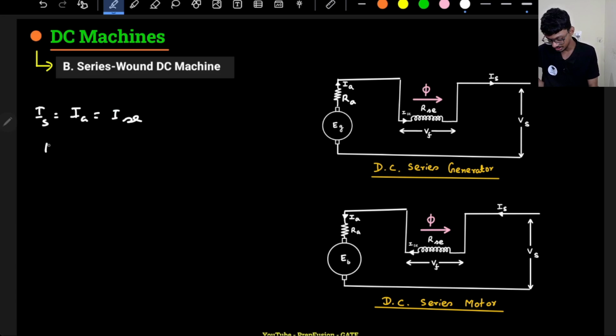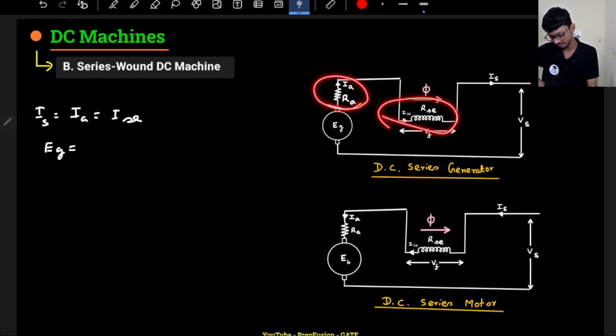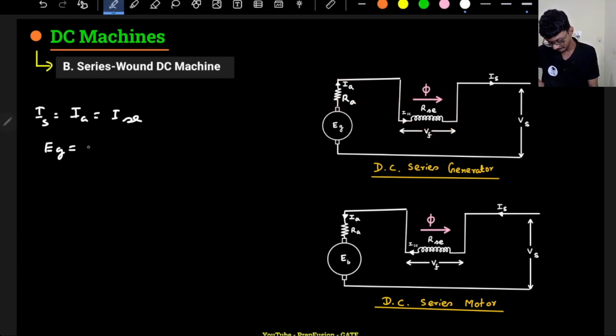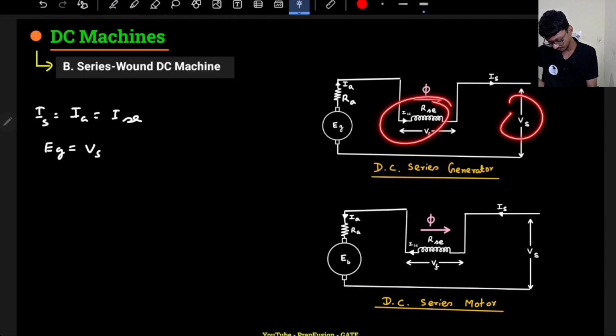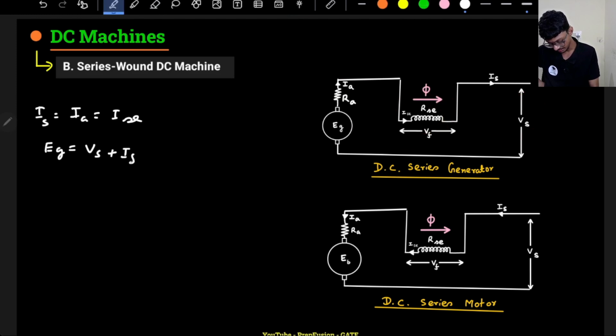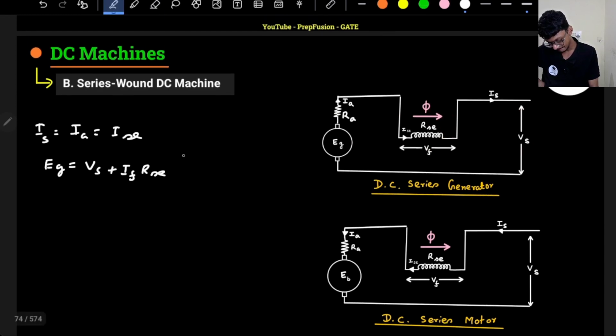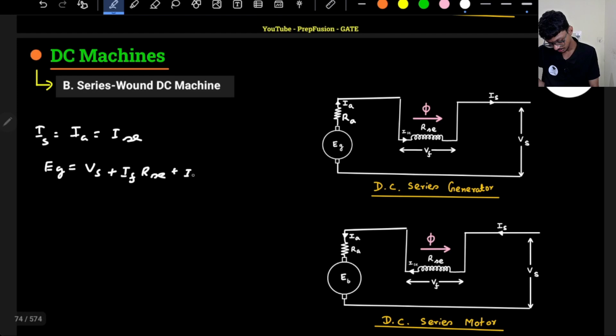I'm deriving it for the generator. Okay, what will be the generated voltage now? EG. Now EG, as it is a generator, will provide both the drop across the armature and across the field winding. So EG will be equal to the supply voltage, of course, plus the drop across the field winding, IF into RAC, plus IA into RA, correct?